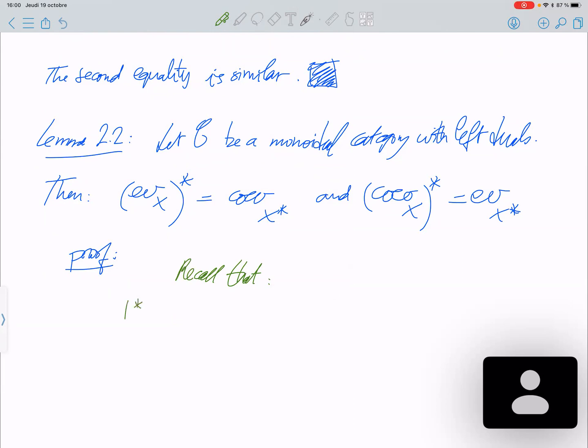1 star. So you can take the unit itself as its own dual object, left dual. Then 1 star tensor 1 equals 1.